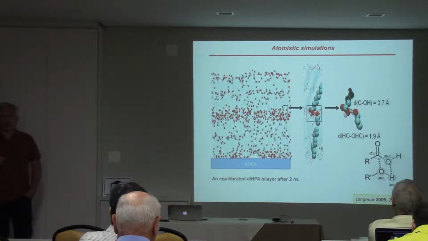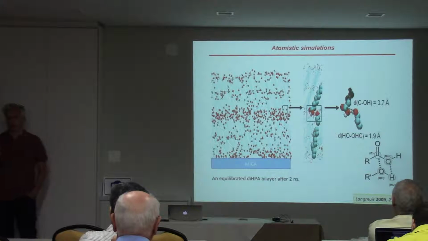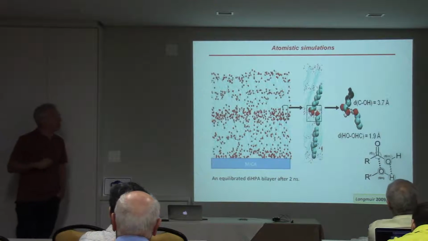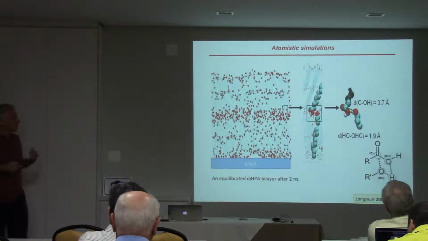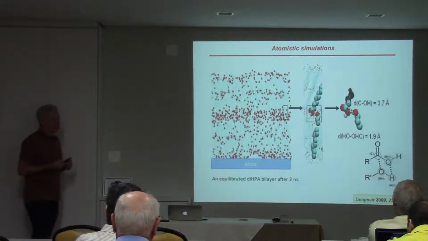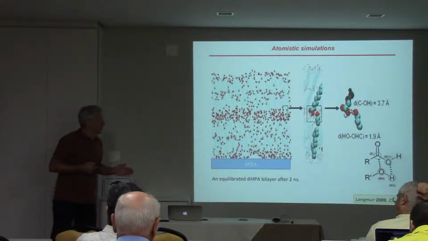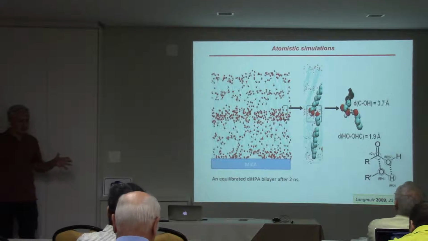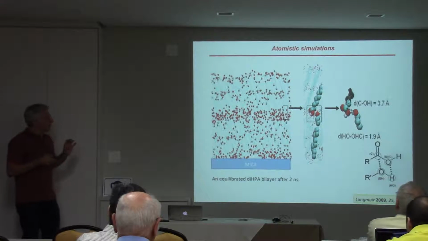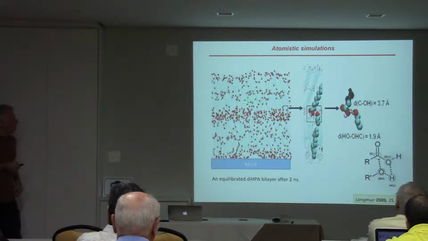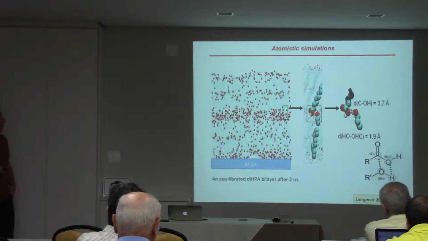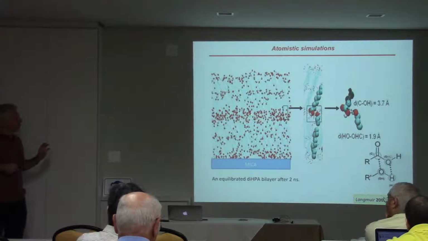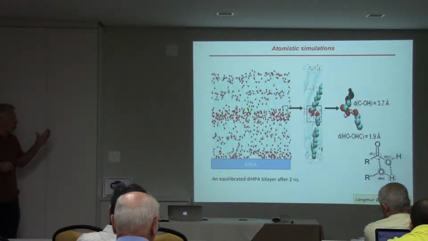Maybe the reactive force fields that Douglas mentioned in the previous talk would give some different results. But the interesting thing here is not the reaction itself. It is the approximation of these potentials to mimic the arrangement between the two layers.